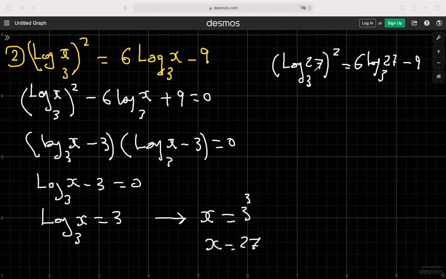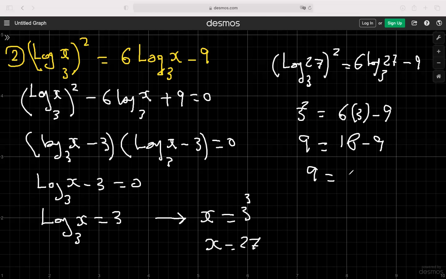Now here, log base 3 of 27 is 3, because it's asking you 3 to the power of what is 27? 3 to the power of 3, so that would be 3, and then you still have the square there, minus 6 times log base 3 of 27, as I said, it's 3, plus 9. Here you get 9, and here you get 18, so 9 minus 18 plus 9, which is 0 equals 0.